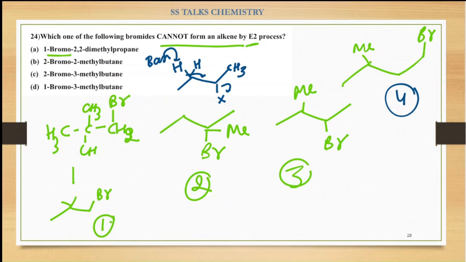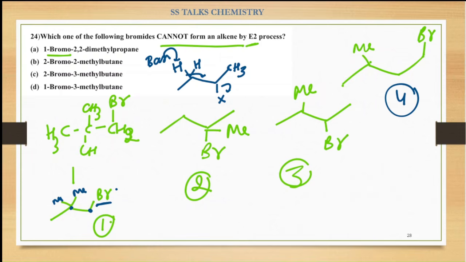So in the first molecule, if I observe, on this particular carbon center, this Br is my leaving group, right? But on the carbon which is adjacent to it, where 2 methyl groups are attached, no hydrogen atom is attached over here.